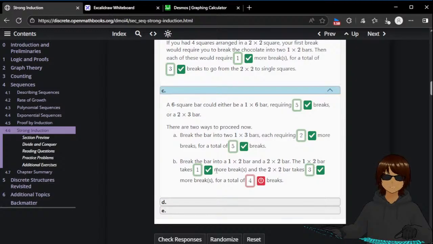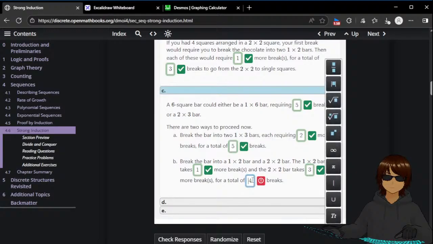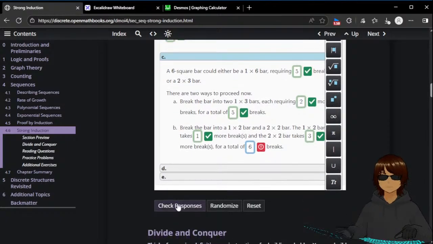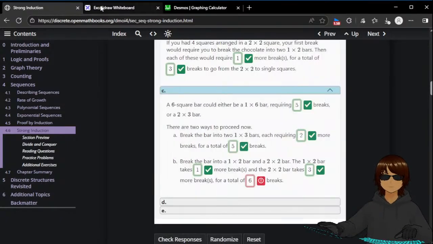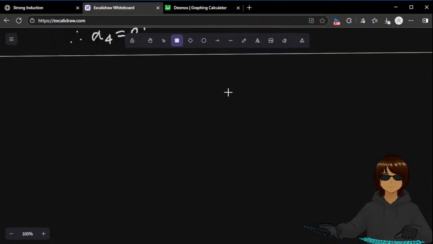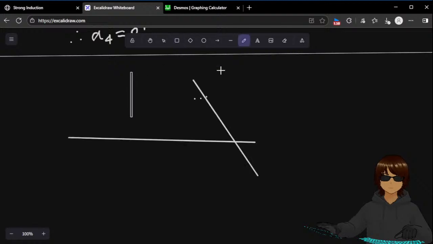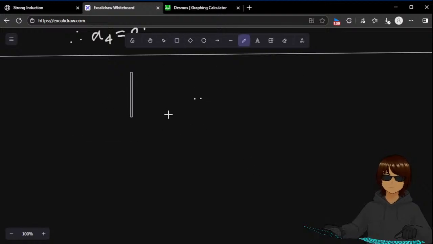Three plus one, right? What's the issue? Break the bar into 1 by 2. 3 plus 1 plus 2, right? 6. Wait.